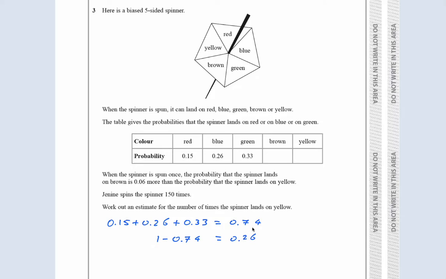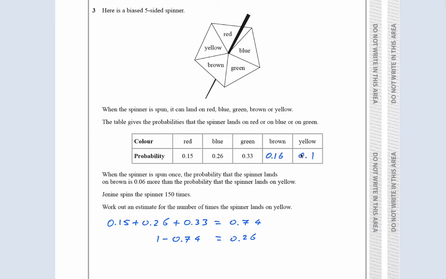Now you could just figure it out, guys, because brown has to be 0.06 more than yellow. So you could just say, okay, I can see it straight away. Brown would be 0.16 and yellow would be 0.1, because now they add up to 0.26, and brown is 0.06 more.